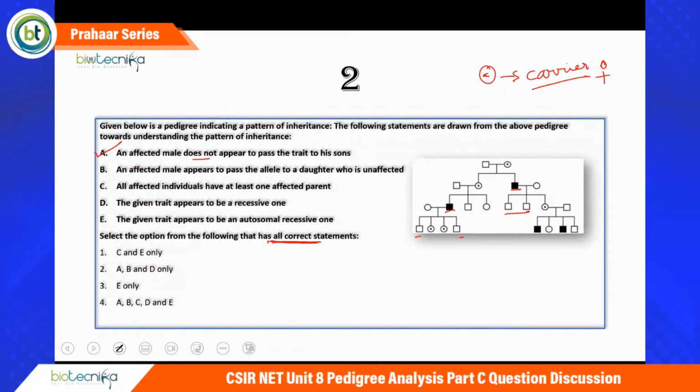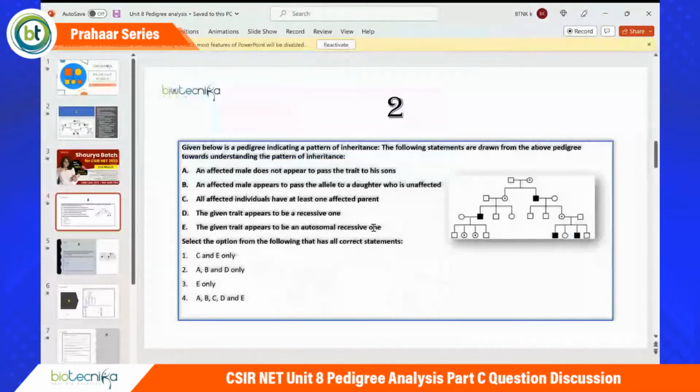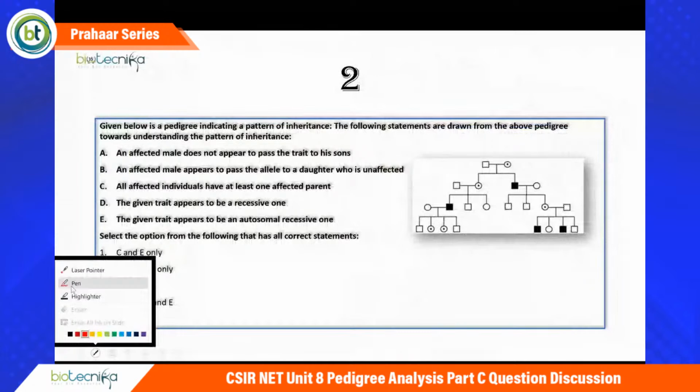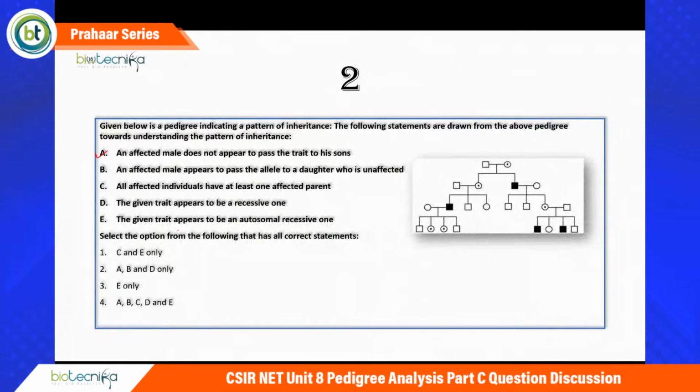This male is affected and he is passing it to his daughter, and the daughter is a carrier. Carriers have the allele, but are not affected. So this statement is correct.